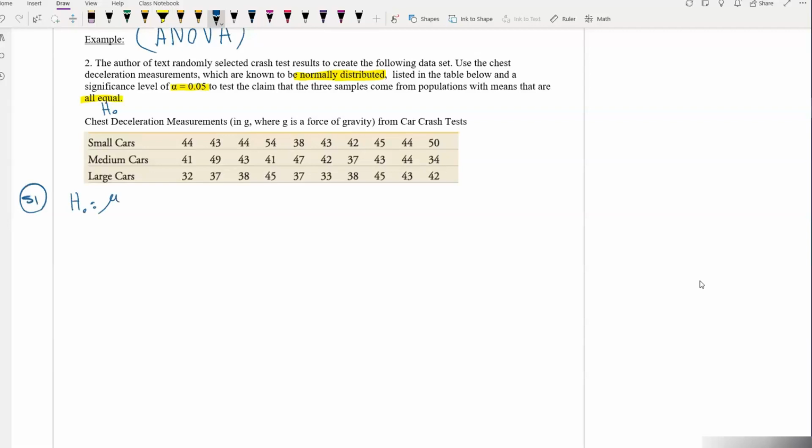Because of having 3 samples, we have mu1, mu2, mu3, and alternate. You only need to write at least one. At least one of the population means is different from the others.